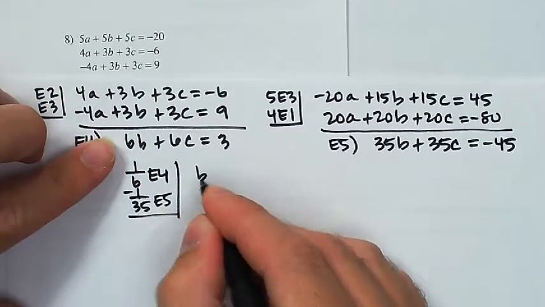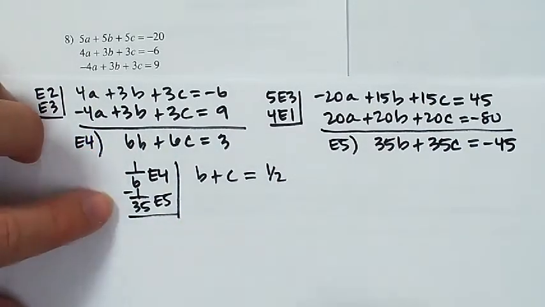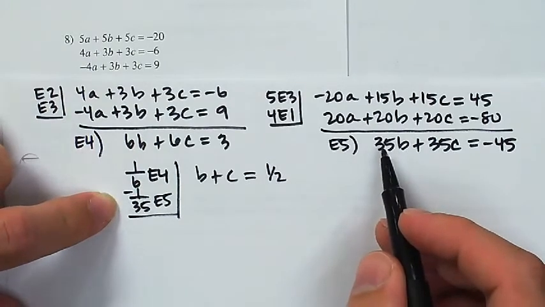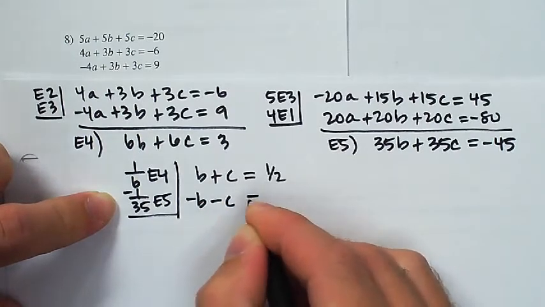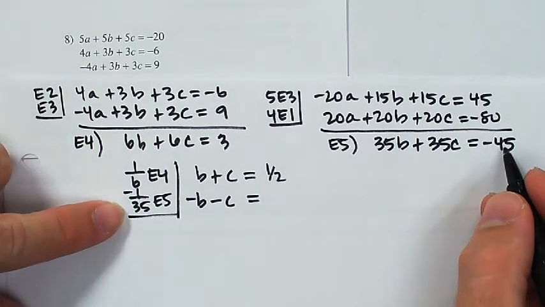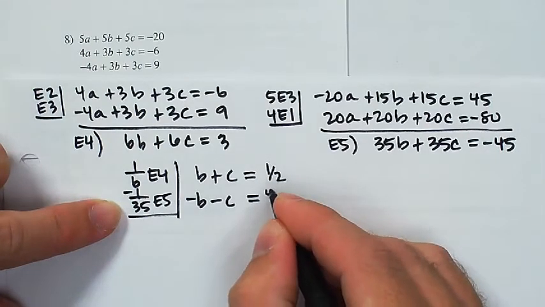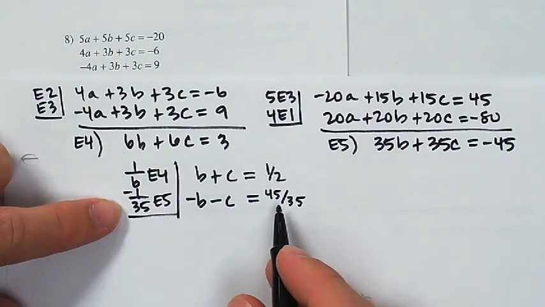So 1/6 would be b plus c equals 3/6, which is a half. And then over here, if I divide by negative 35, I'll have negative b minus c equals negative 45 divided by negative 35, which I know is not going to be negative half, right?